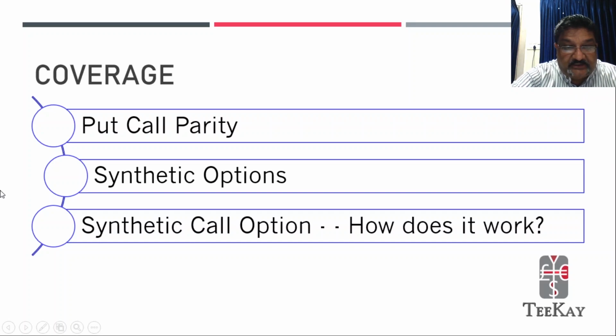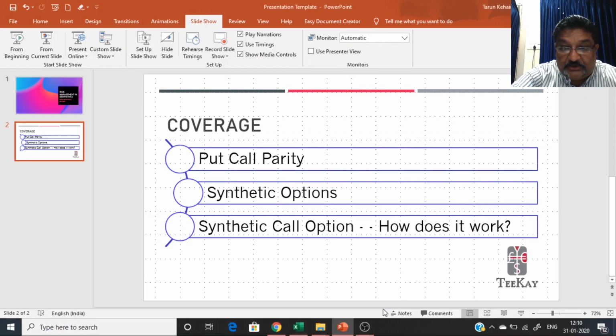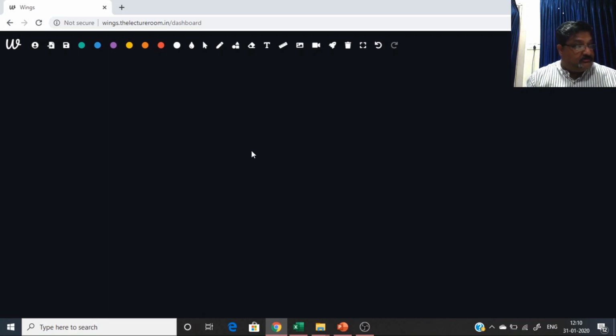So let me quickly take you to my writing board where I am going to illustrate to you how the put call parity works. Now, to be able to understand the put call parity, you must first understand what is a call option and what is a put option. Just a brief background.